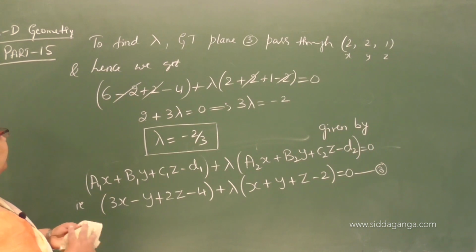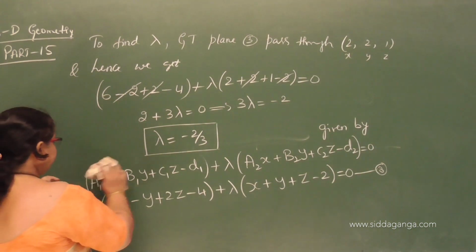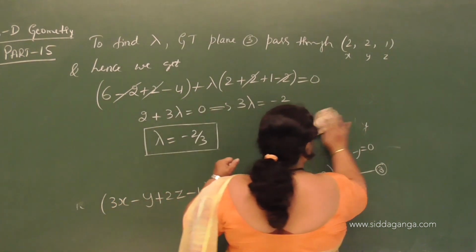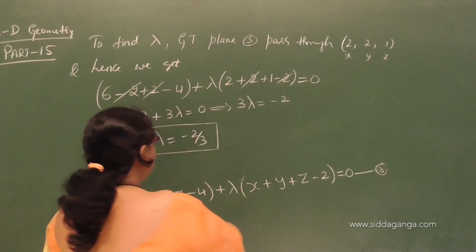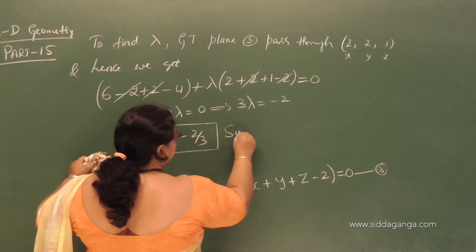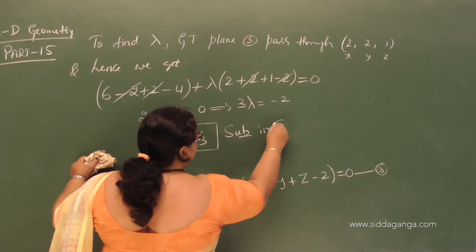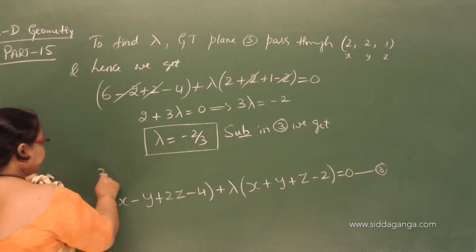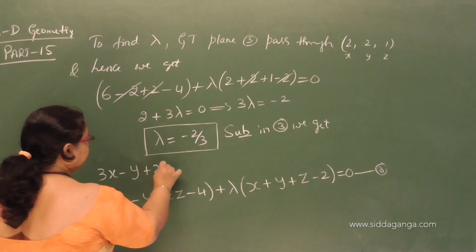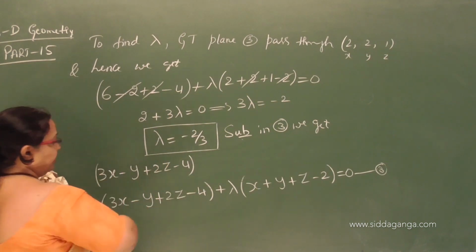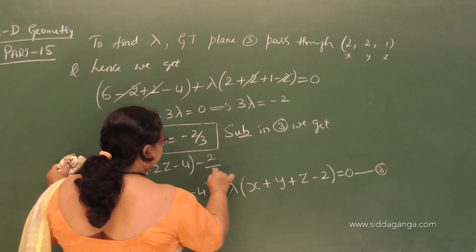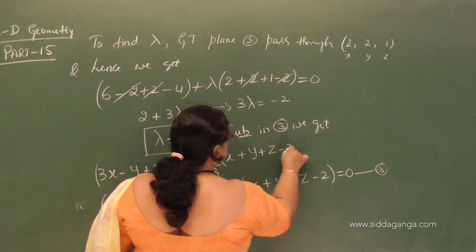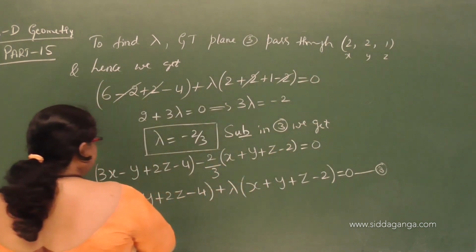Substituting in equation 3, we get 3x minus y plus 2z minus 4 plus lambda value minus 2 by 3 into x plus y plus z minus 2 equal to 0.